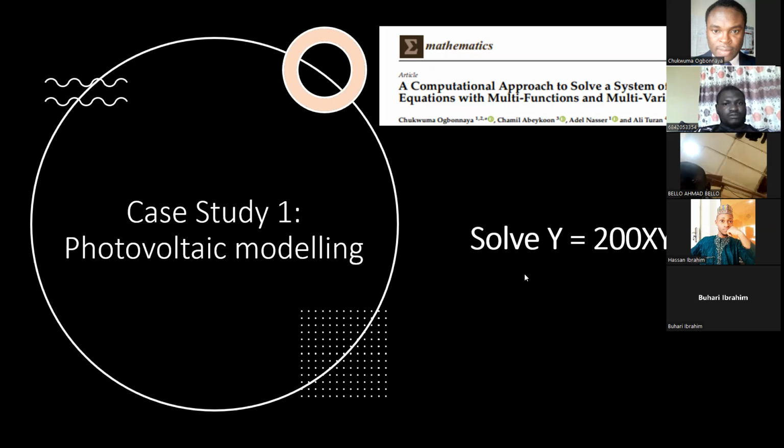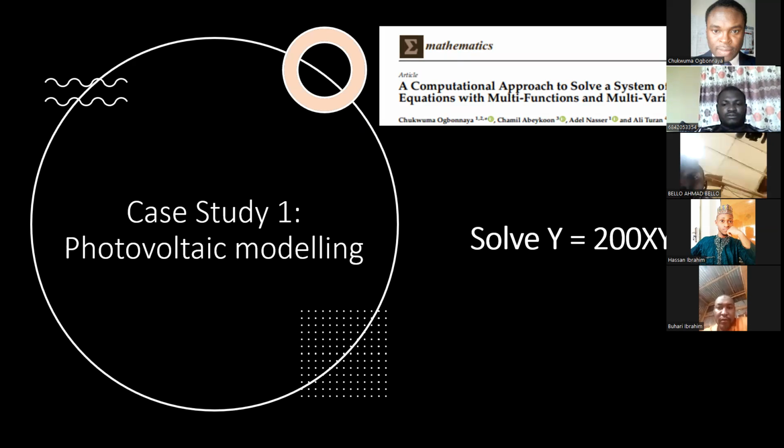So what you can do is to use a method. One of the ways you can solve this equation is to, first of all, assume you are going to plot the graph of y against x.